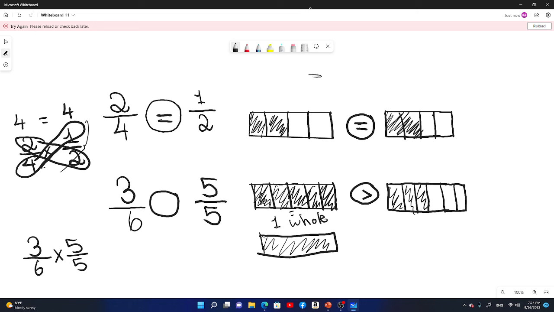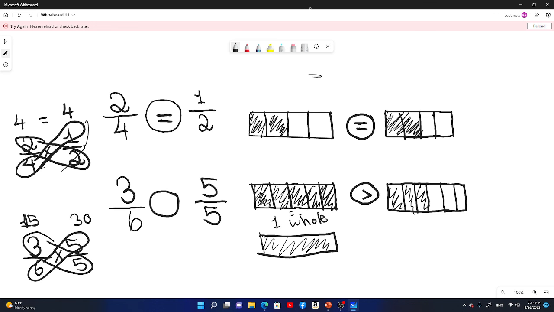Okay, so now we are going to cross multiply. I'm just going to circle them diagonally. 6 out of 6 with 5 and 3 with 5. So 3 times 5 is 15. And 6 times 5 is 30.